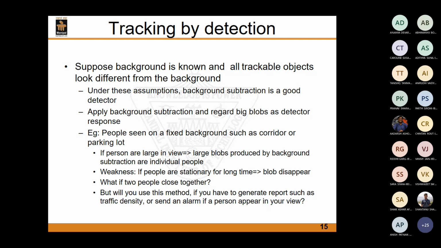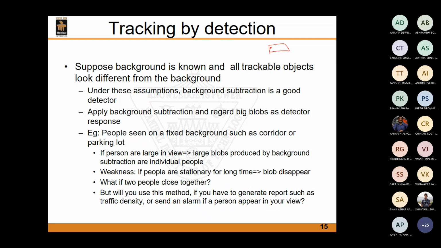Now, let's look at some examples of how tracking by detection can work. Let's say you have a room or a corridor, and there is a CCTV camera kept over here, continuously recording video, and there are people moving around within the corridor or room where the CCTV camera has the view.